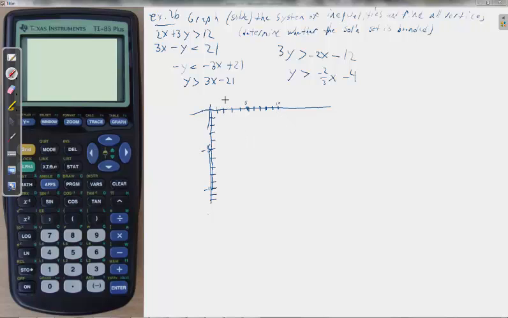Okay, so at negative 4, it goes down 2 over 3. And these should both be dashed.